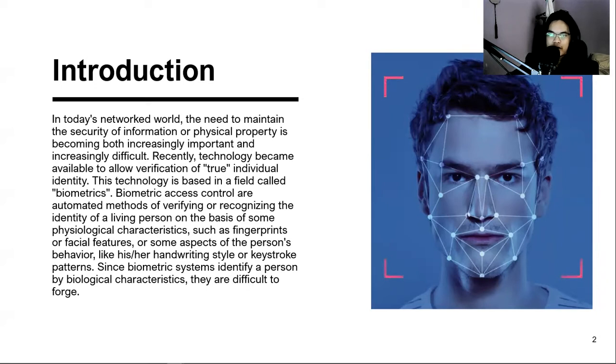Biometrics access control are automated methods of verifying or recognizing the identity of a living person on the basis of some physiological characteristics such as fingerprints or facial features, or some aspects of the person's behavior, like his or her handwriting style or keystroke patterns. Since biometric systems can identify a person by biological characteristics, they are difficult to forge.